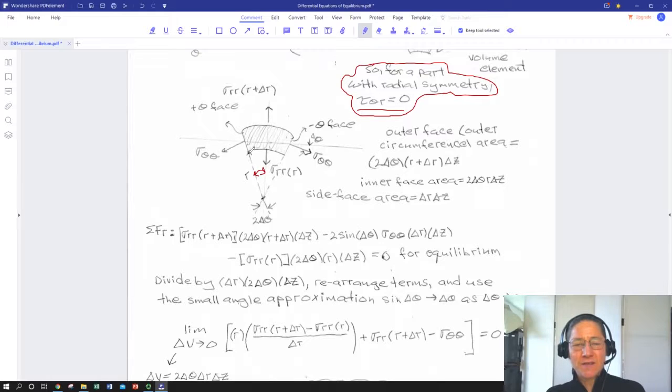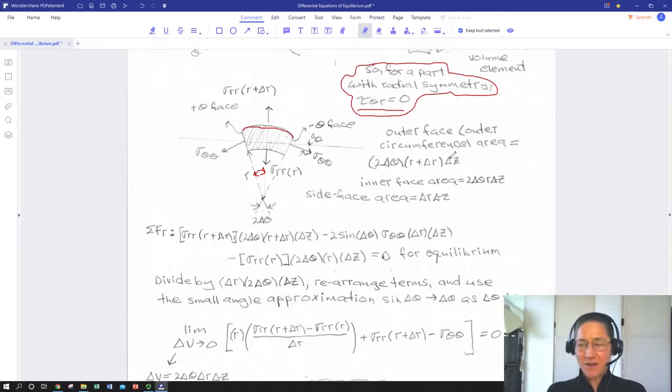So we're going to have to define the areas that we're operating on as being a little bit different, because this inner area is a little bit smaller than the outer area, but the sigma theta theta areas are going to be the same. So if we look at the outer face out here, we can say that its area, if we include the delta z coming out of the screen, is going to be 2 delta theta times r plus delta r times dz.